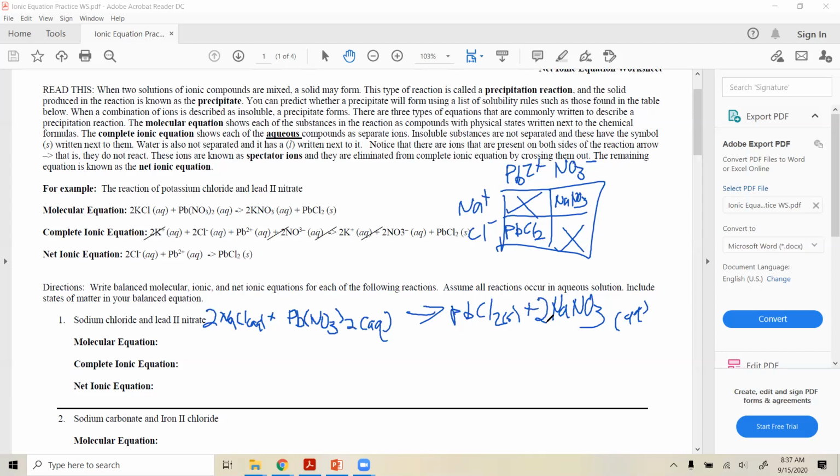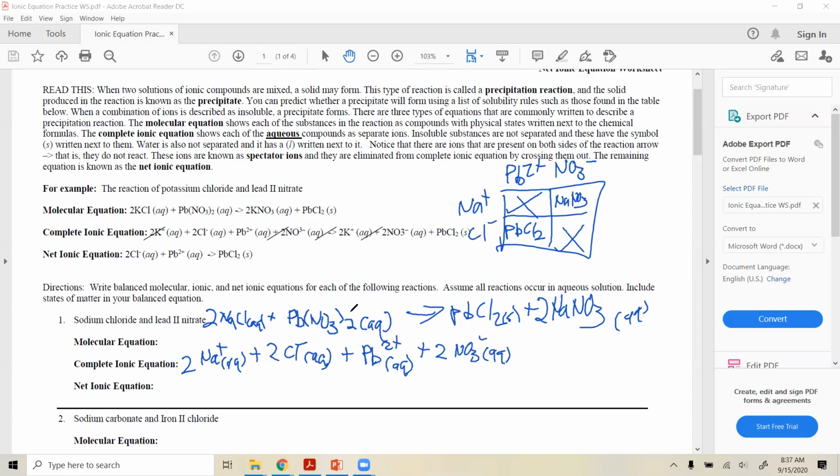I can then take it into my complete ionic. That means that I need to separate them. So I should get 2 Na plus aqueous plus 2 chlorines aqueous. I get 1 lead, also aqueous with a +2 charge. I get 2 nitrates, NO3 minus, with an aqueous charge.